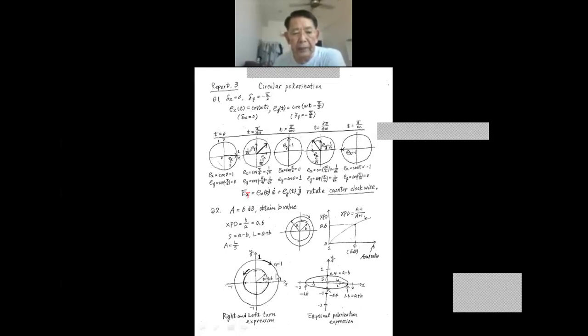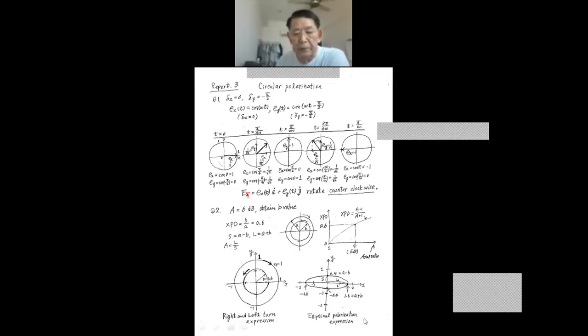The ratio of A and B is given. When we make A equal 1, then B becomes 0.6. So the right circle becomes 1 and the left circle becomes 0.6. This is one expression of the circular wave, by the addition of right side and left side circular waves.